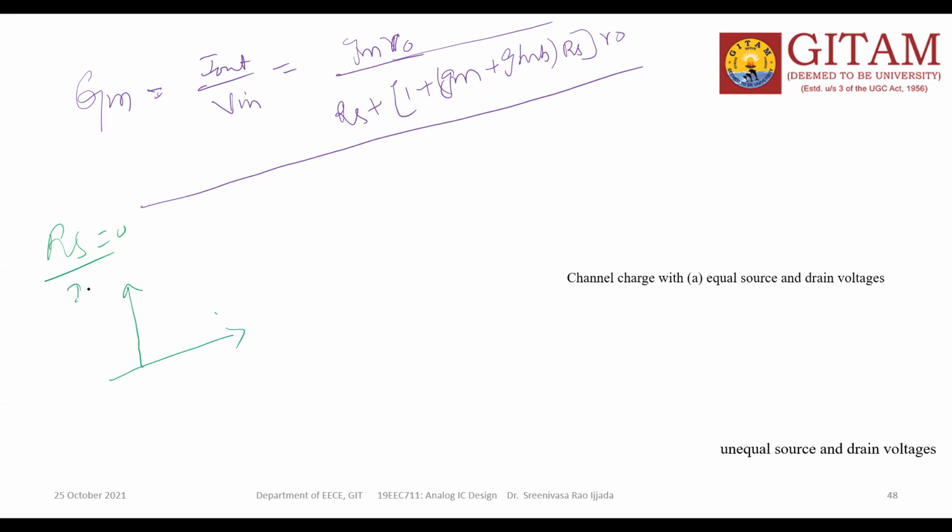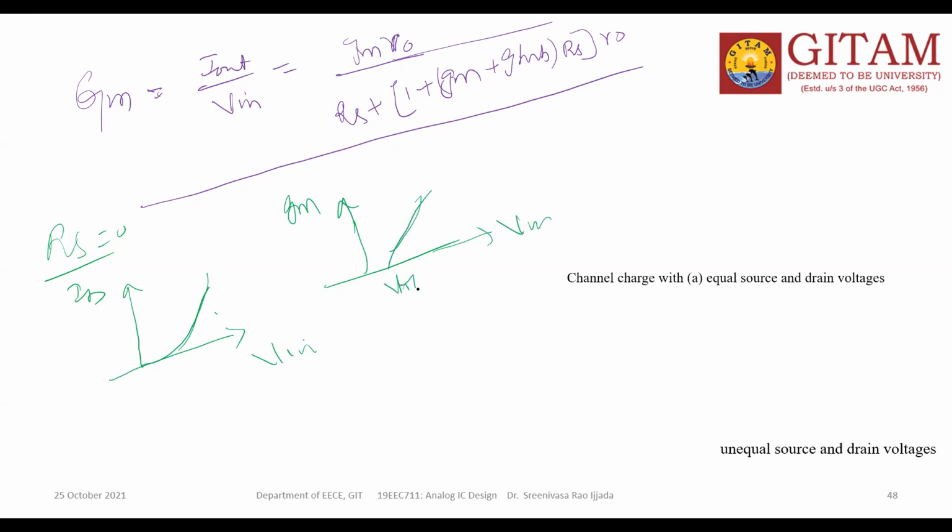This is the ID, this is the input voltage. Then you will get like this, and your ID transconductance small gm with respect to the input voltage you can get like this.